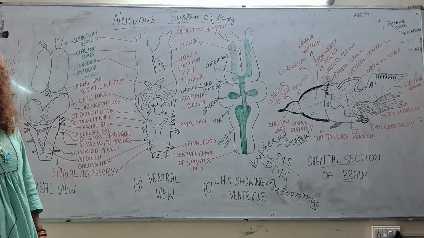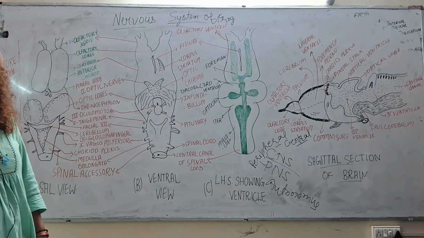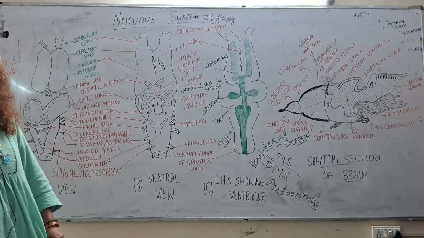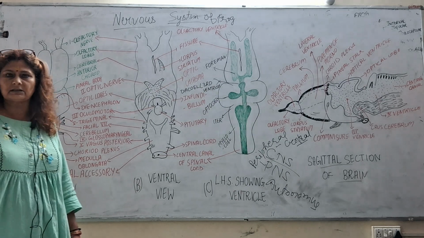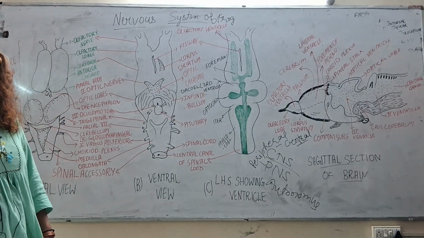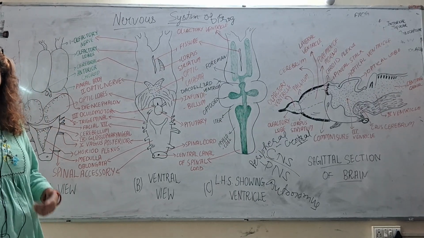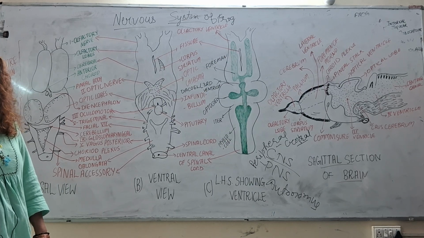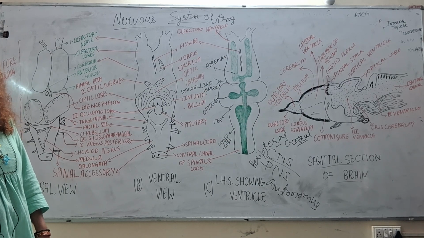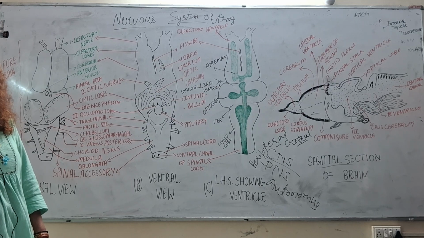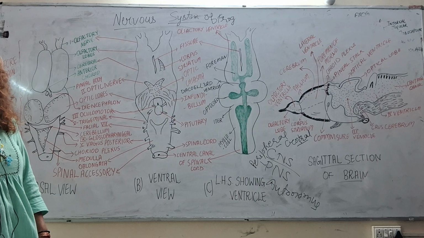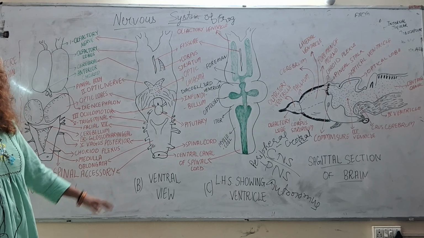Nervous system is more important because its conduction is many times faster than the endocrine system. Ultimately the total body functioning is controlled by the brain. That is a very important part of the central nervous system.